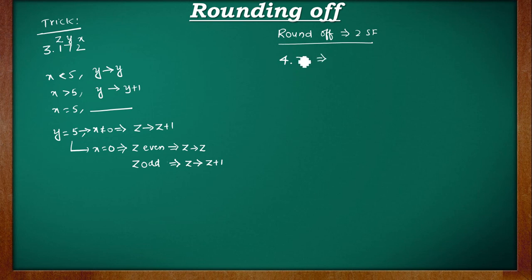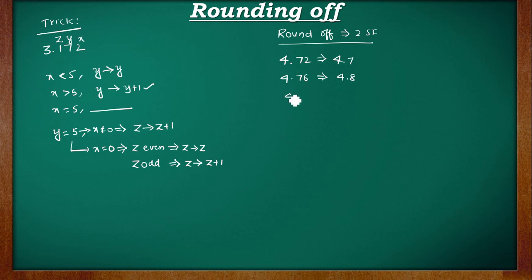You have to see the last digit, which is x. x is less than 5, so y will be as it is. So it is 4.7 only. Understand? Next, 4.76 is the number. Then the x value is greater than 5, so y can be raised by 1. So it becomes 4.8.